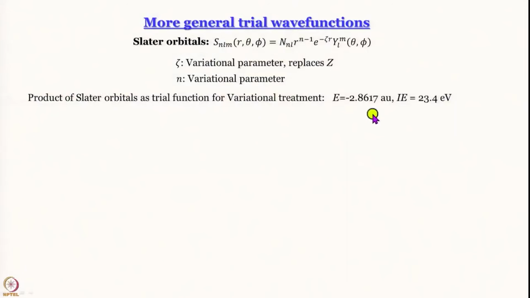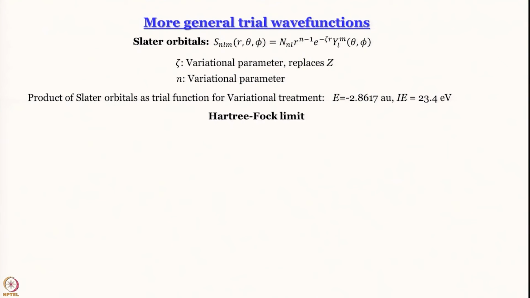When you do that, you get an energy of minus 2.8617 atomic units, and an ionization energy of 23.4 electron volt, which is a little improvement from the 23.1 electron volt or so that we got earlier.